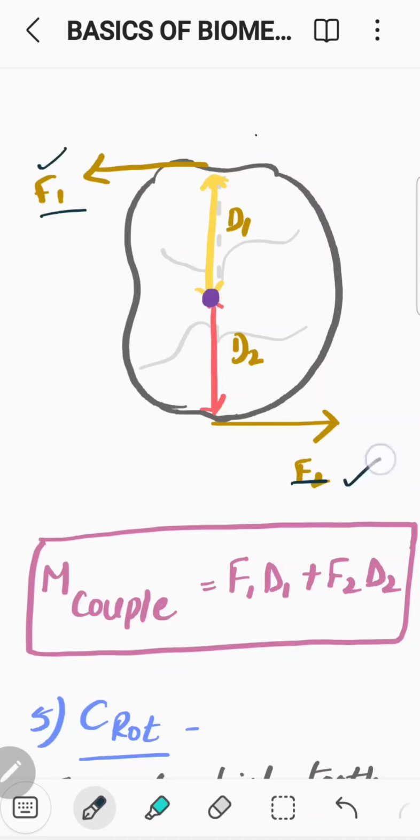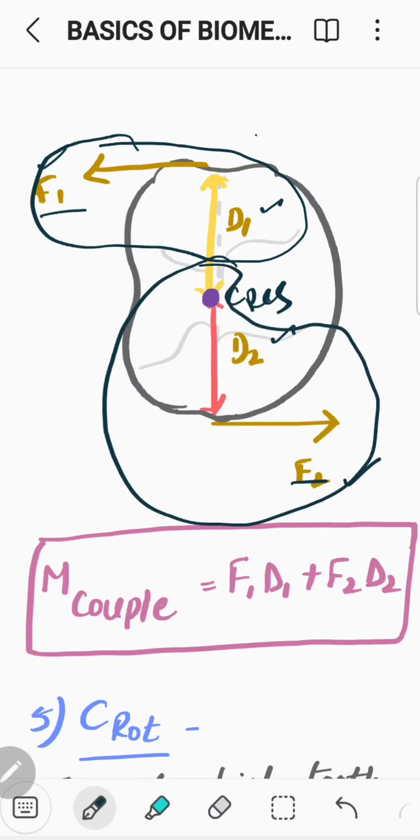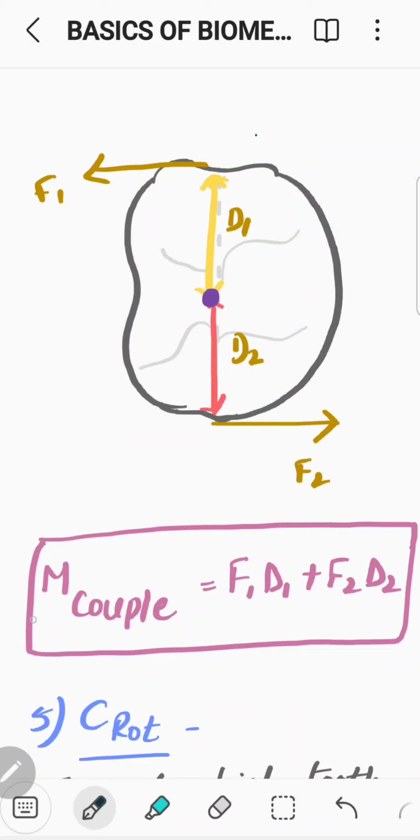The two forces are equal and opposite, and these are the two distances from the center of resistance of the tooth. We have calculated the magnitude of the moment. So if we look at them individually, these are the two magnitudes of the moments created here. The magnitude of the couple would be the addition of the two individual moments generated. Basically, the sum of the moments created by the two forces makes up the couple.